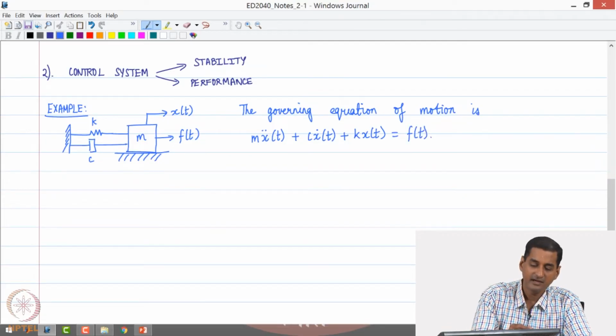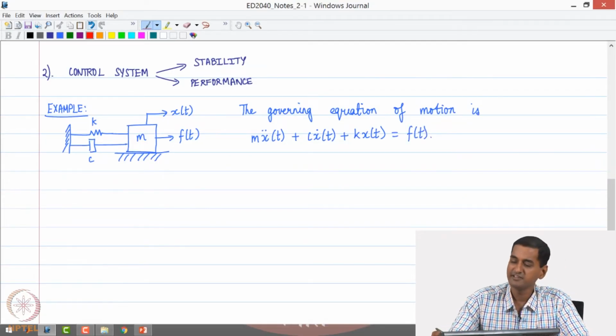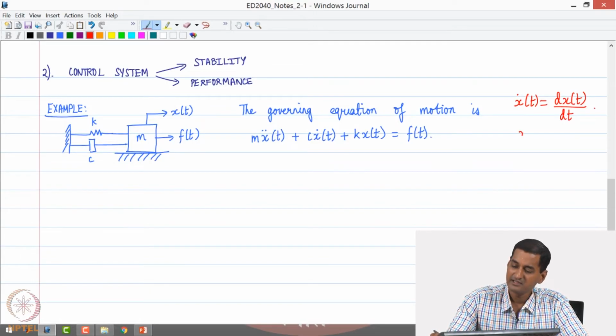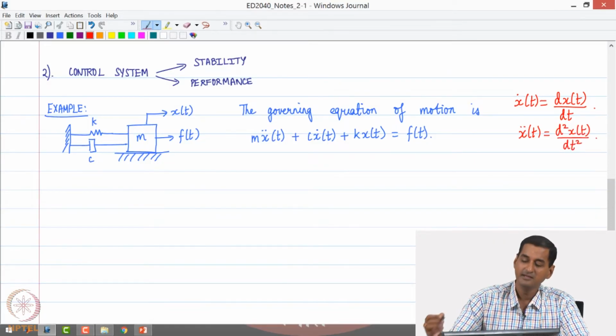Of course in this particular course, if I use a dot over a variable, that means I am taking its time derivative. So x dot is the first time derivative of x of t, x double dot is the second derivative of x of t with respect to time, and so on.